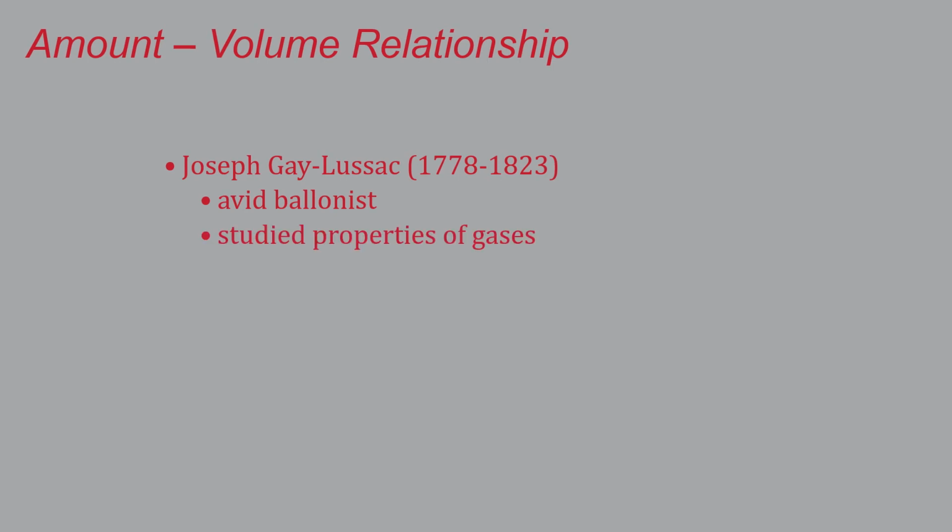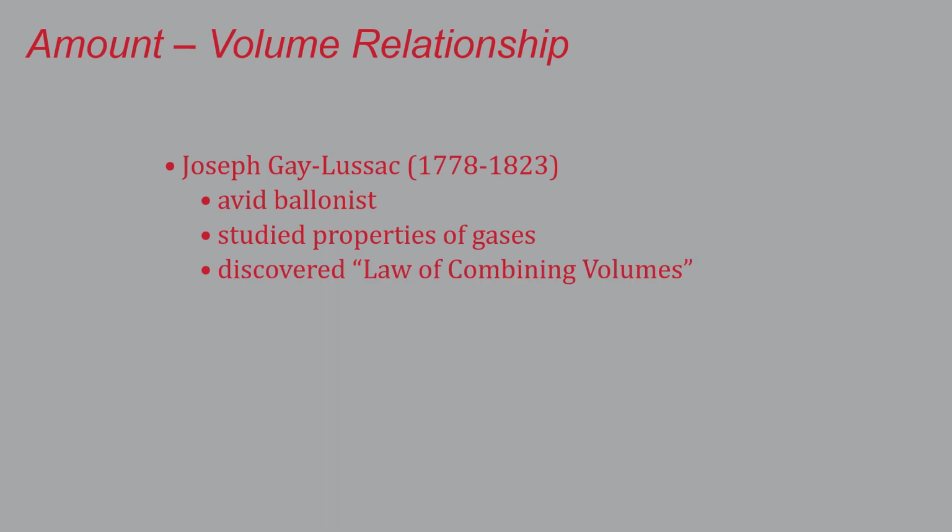The relationship between the amount of a gas, number of moles, and its volume was figured out by Joseph Gay-Lussac. He was an avid balloonist, which is how he got into the relationship between gases and their various state variables, and studied their properties a lot.